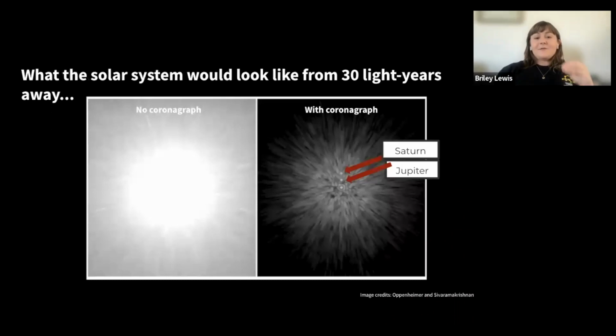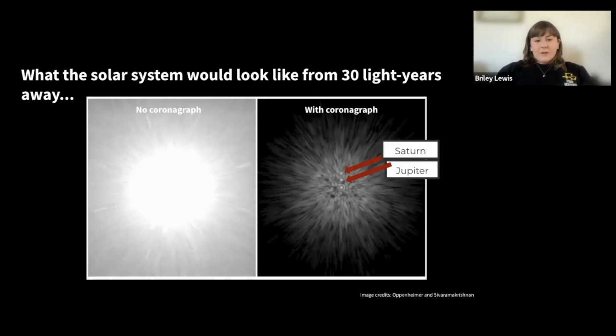And coronagraphs are extremely important in being able to image planets like this. The picture on the screen here shows a simulation of what our solar system would look like to an observer 30 light years away from us. On the left, there's what it would look like without a coronagraph, where all you see is the bright glare of the sun.